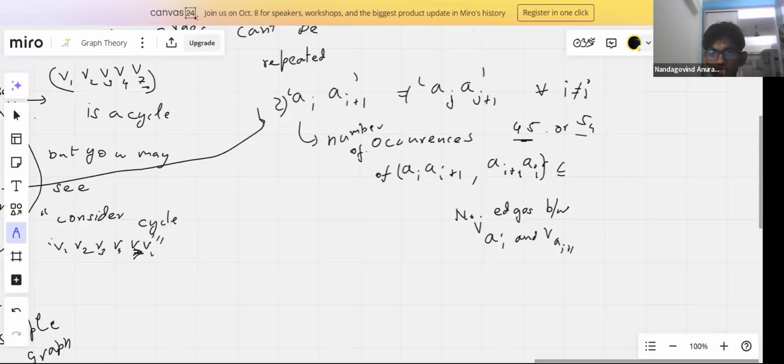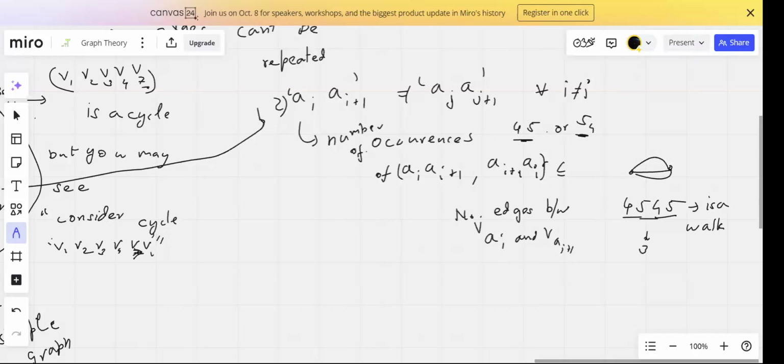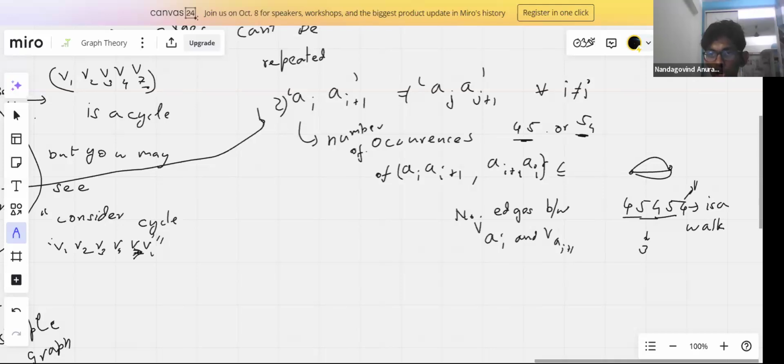So for example, if I had 3 edges and I had 4 5 4 5, this is a walk because the total number of occurrences of 4 5 is 3. But if I add a 4, it is no longer a walk, because then the number of occurrences moves up to 4, and that's too much because there's only 3 edges.